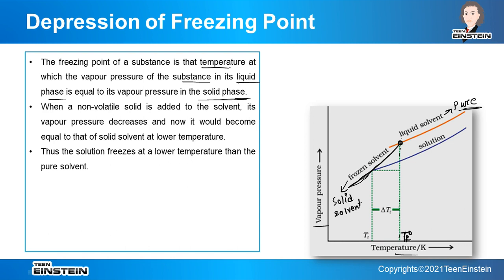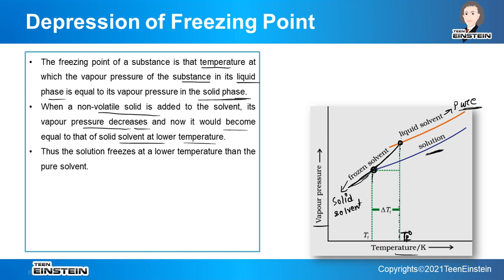Now, when you add a non-volatile solid to the solvent, vapor pressure will decrease. That is why the line for solution, which is this blue line, is lower than the orange line, because the orange line is for pure liquid solvent. So now vapor pressure will decrease and become equal to the solid solvent at a lower temperature. The meeting point is somewhere here.